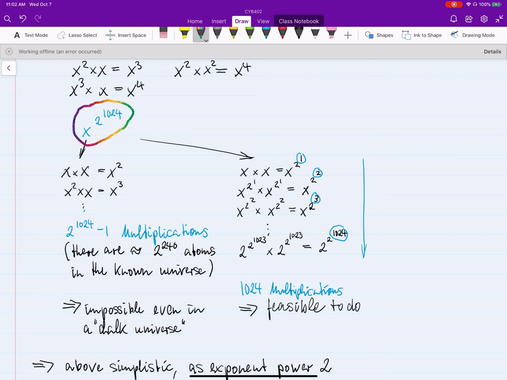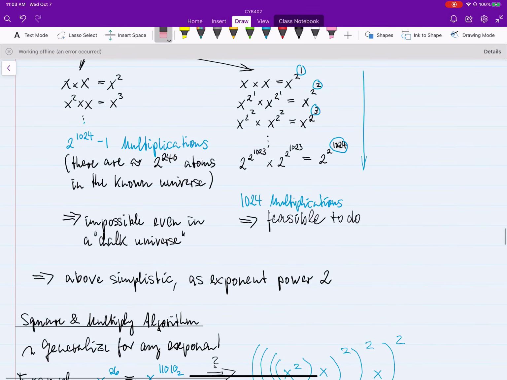So in this case, 2 to the 1024 is a 1 and 1024 zeros. So if we do that in the primitive way, adding factor after factor, we have 2 to the 1024 minus 1 multiplications. This is, of course, a huge number.